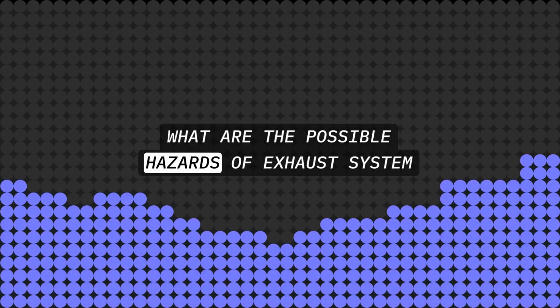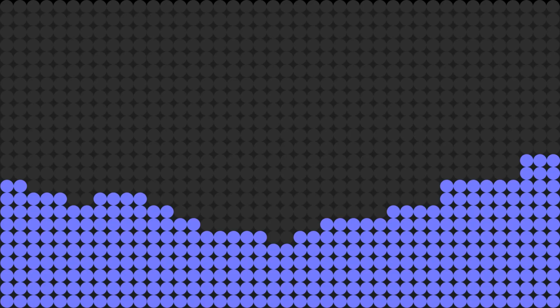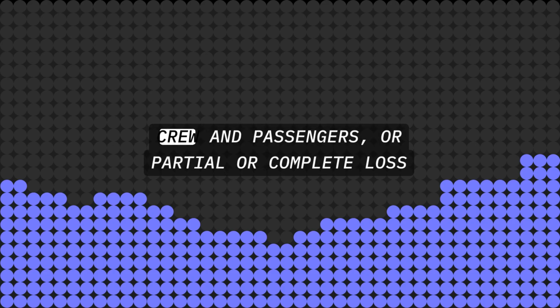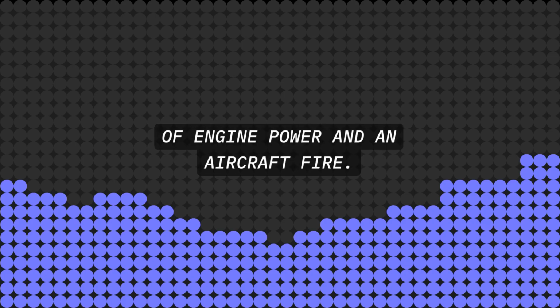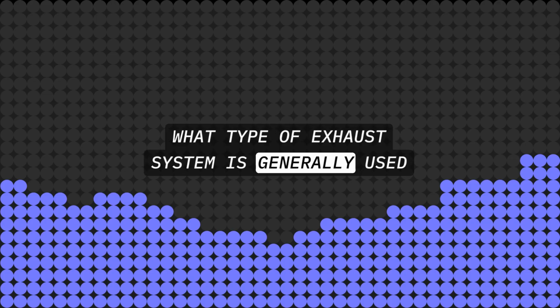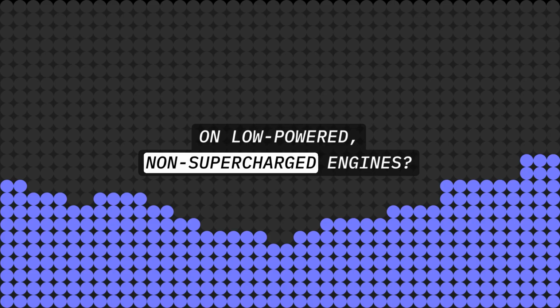What are the possible hazards of exhaust system failure? It can result in carbon monoxide poisoning of the crew and passengers, or partial or complete loss of engine power and an aircraft fire. What type of exhaust system is generally used on low-powered, non-supercharged engines?